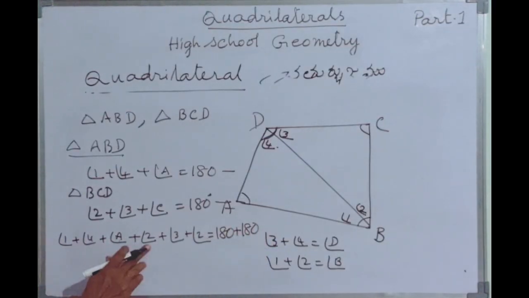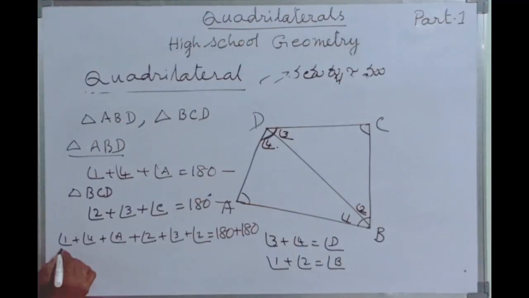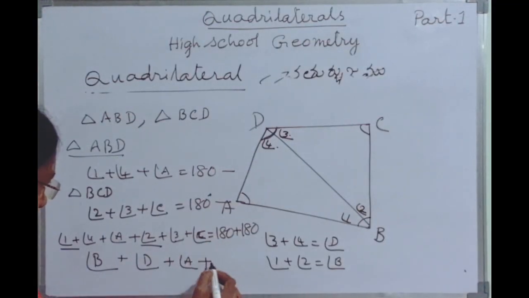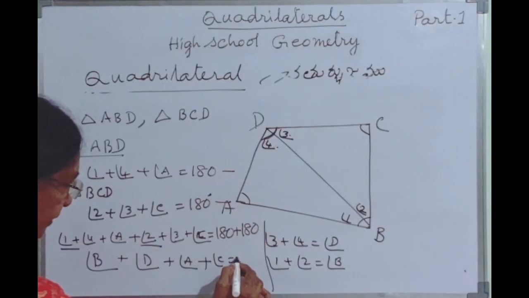So, angle 1 plus angle 2 is equal to angle B, and angle 4 plus angle 3 is D. So angle B plus angle D plus angle A plus angle C is equal to 180 plus 180, 360.